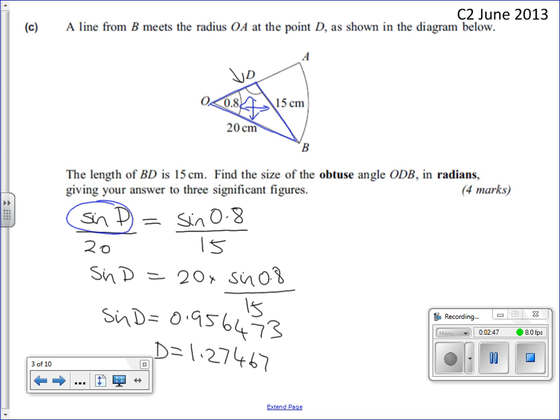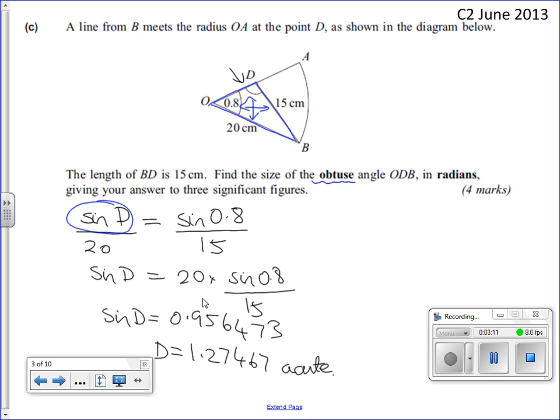At this point I have to be careful, because in the question it said that D was obtuse, and when we do inverse sine it's going to give us an acute angle. You can also check, because acute angles are between 0 and a half pi in radians, and this is less than a half pi, so this is acute.